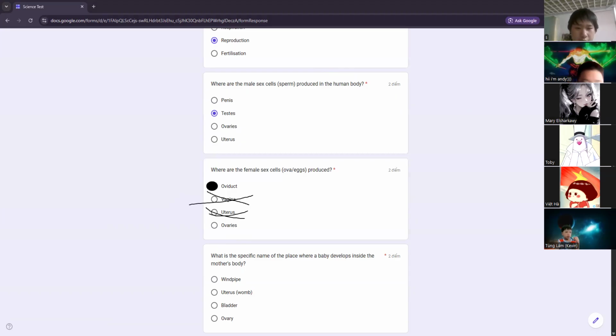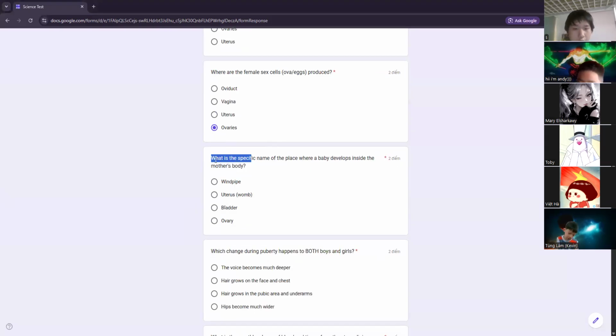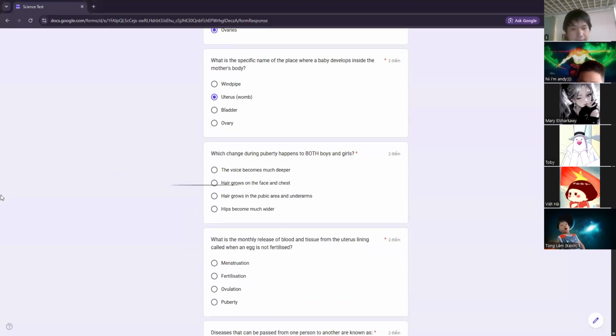If I'm correct, the oviduct only transports the female sex cells, the ova, and isn't the part that creates them. That's the ovaries. Anyways, what is the specific name of the place? As I already said, the uterus is the womb. So it is, of course, B.